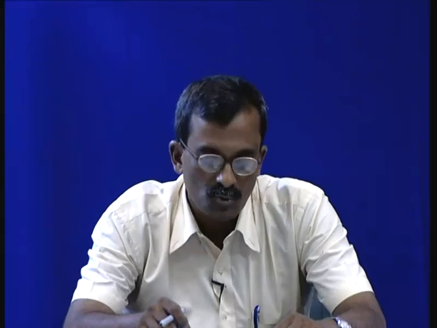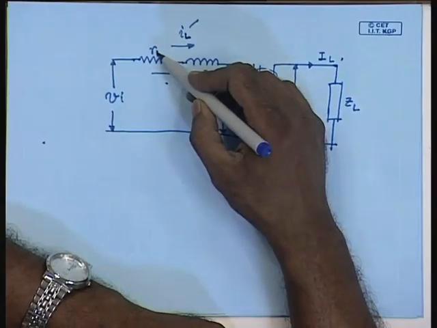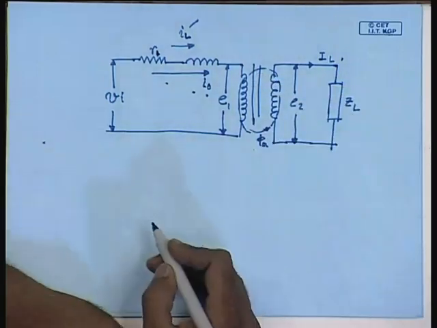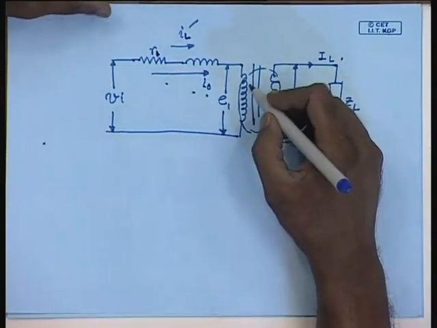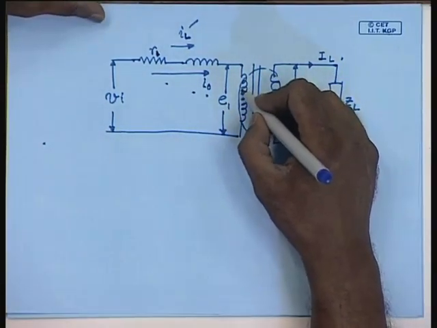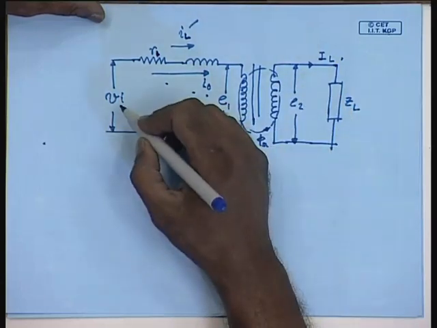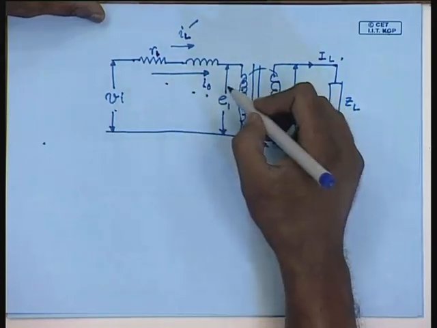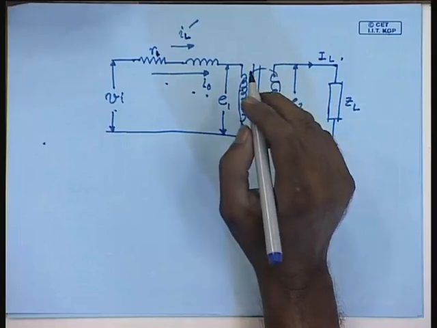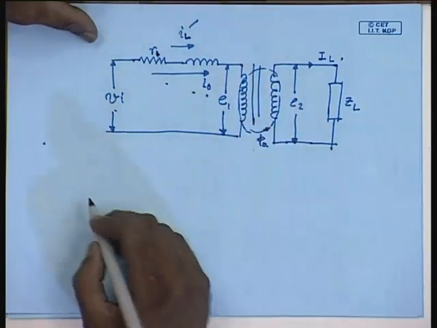At this point, one should be careful about how one connects a transformer for performing certain tests. In this circuit, we have assumed R1 to be small. However, suppose we want to perform a no load test on this transformer and the available supply voltage is larger than the transformer voltage rating.